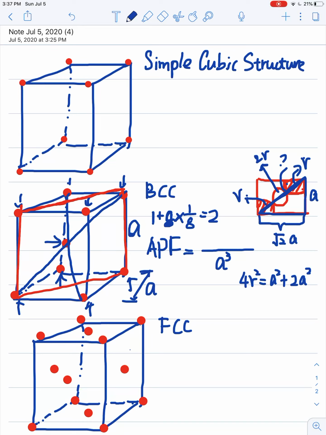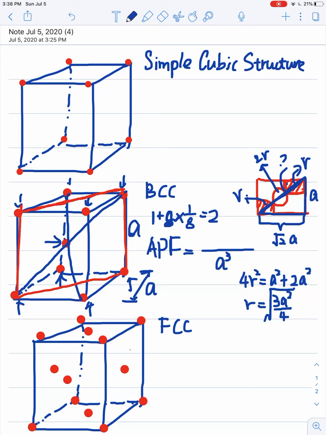In most cases, a is given or r is given, so in order to find APF, if you only know r or a, you need to know the relationship between them in order to convert everything in terms of r or a. Here I would just convert r to a. So let's write an expression. r equals the square root of 3a squared over 4. So that's a relationship between r and a.